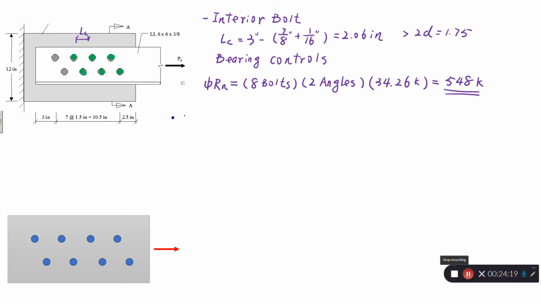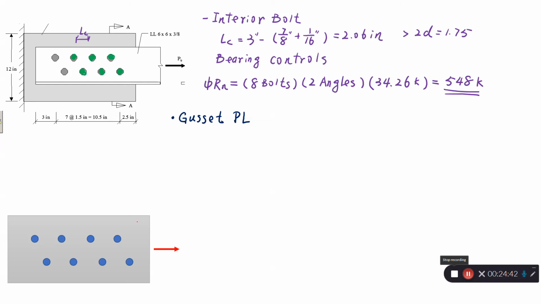And next, you're going to do the same to determine the bearing and tear out capacity for the gusset plate. And it's the same, but the tear outs, the exterior and interior are going to be different.